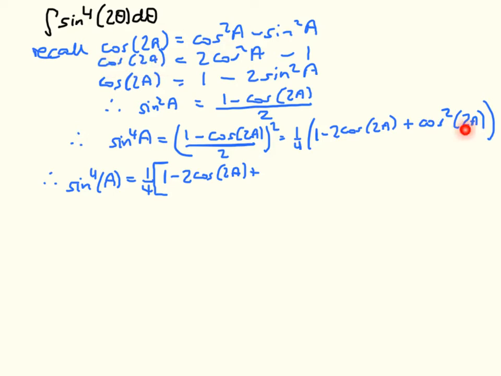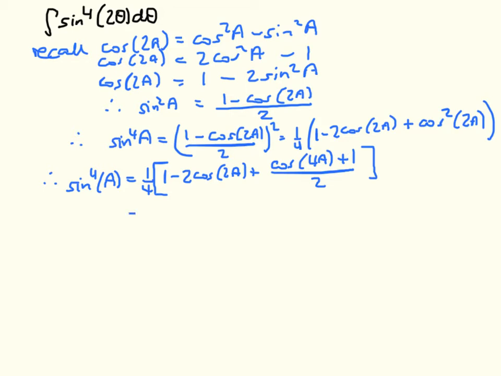But here we have cos squared of 2a, so where we have a, we replace it with 2a, and where we have 2a, we replace it with 4a. So we have plus cos of 4a plus 1 all divided by 2.